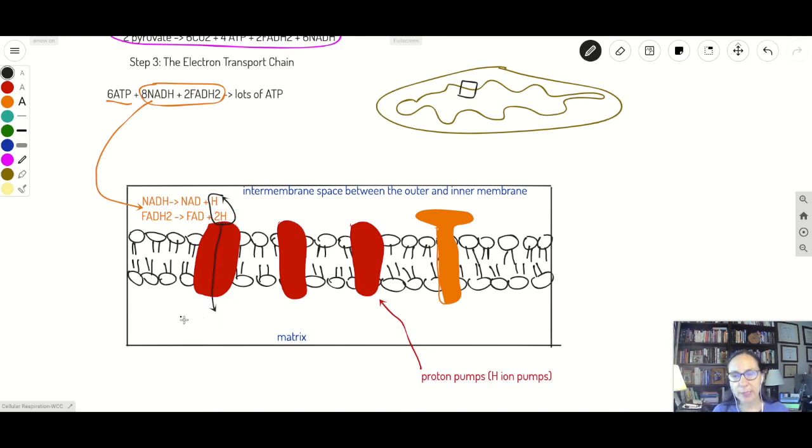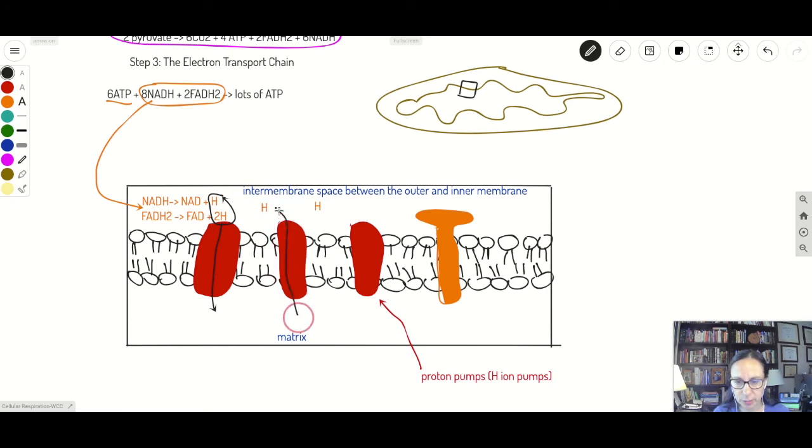And so there's going to be a bunch of hydrogens. We have H's being taken off the NADH and the FADH2, and they're going to be pumped through into the matrix.